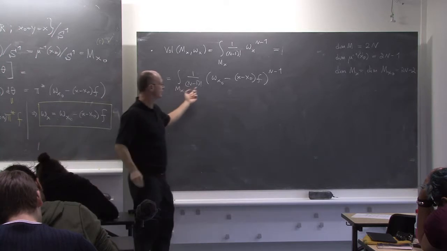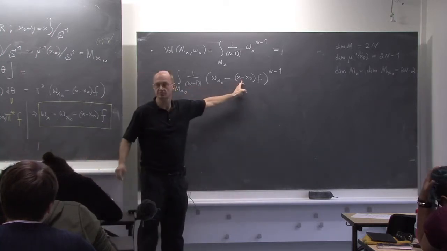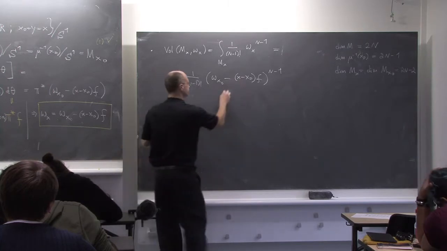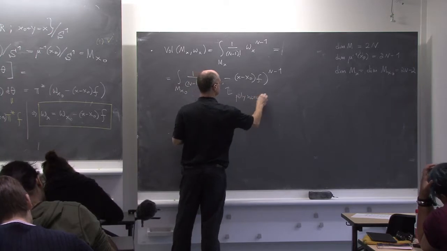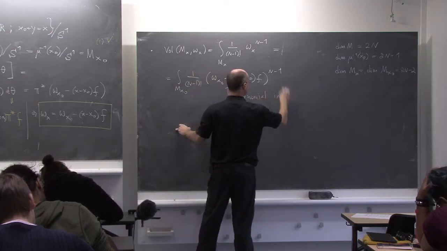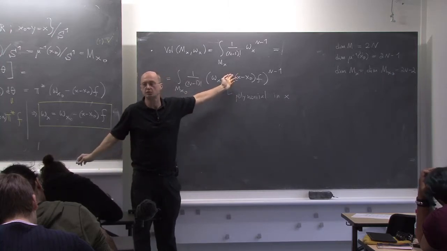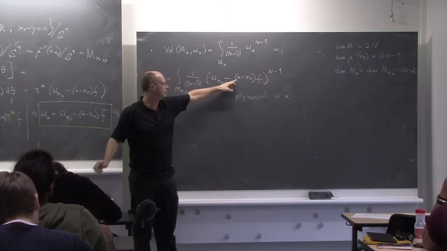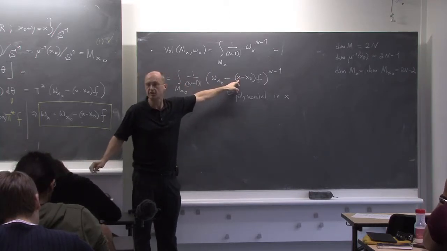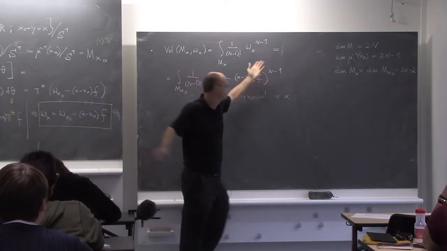Well, now it is obvious that this function is a polynomial in x, right? Polynomial in x. And it is also obvious that, what's the possible top degree? We don't know whether the corresponding coefficient will be 0 or non-zero, but the maximal degree in x that we can possibly obtain is n minus 1.